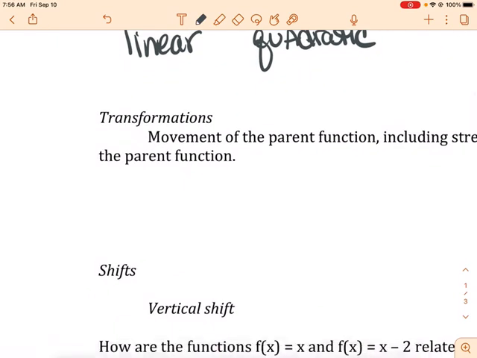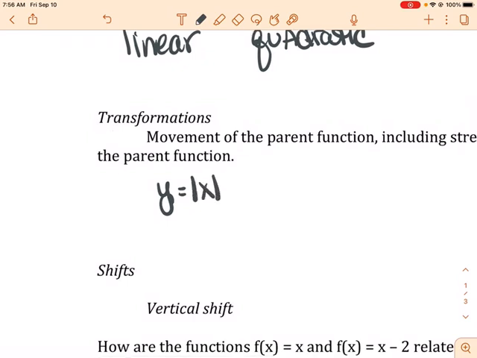So if I start out, let's say, with y equals the absolute value of x, that's a good one, then a transformation might be adding something inside the function or subtracting something on the outside of the function. That's a movement because we're going to move the y equals the absolute value.